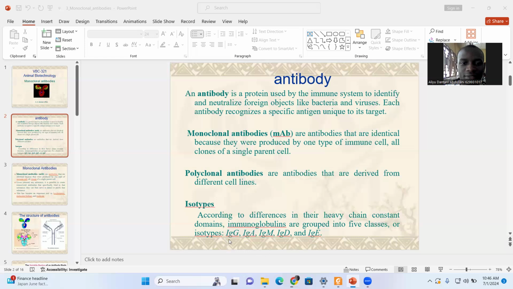We have immunoglobulin G, which is very popular, immunoglobulin A, M, D, and immunoglobulin E, classified according to differences in their heavy chain constant domains. Now, this is pure biochemistry. We're going to talk about this in the upcoming slide.